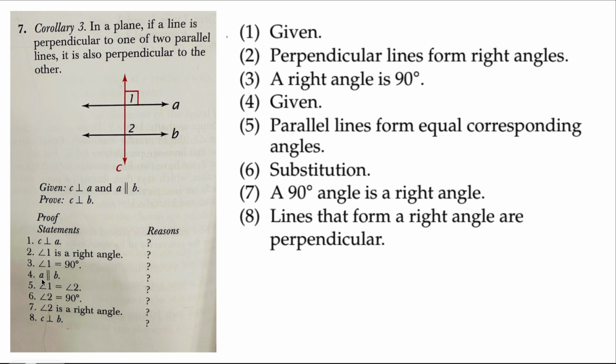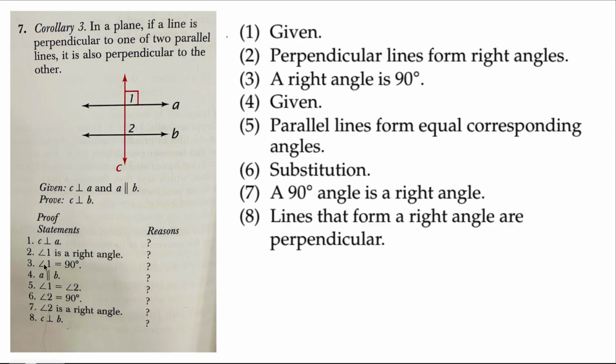Number 4, A is parallel to B. How do we know this? Given. There were 2 things that we were given. Number 5, angle 1 is equal to angle 2. How do we know this? Parallel lines form equal corresponding angles. That's our main thing there. 6, angle 2 is equal to 90 degrees.